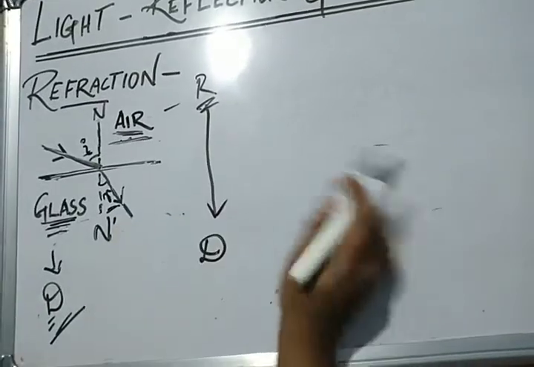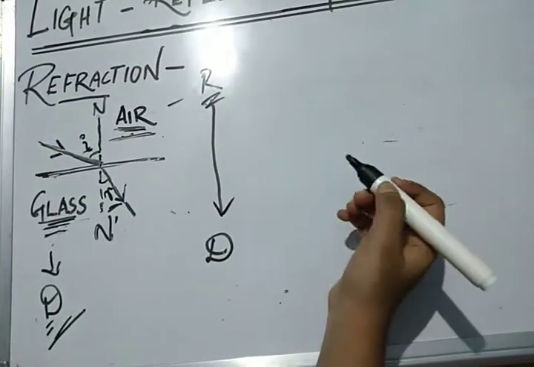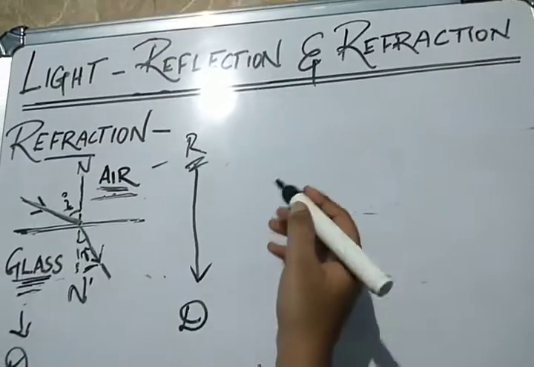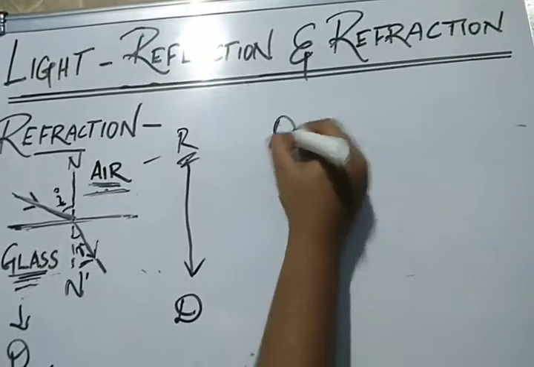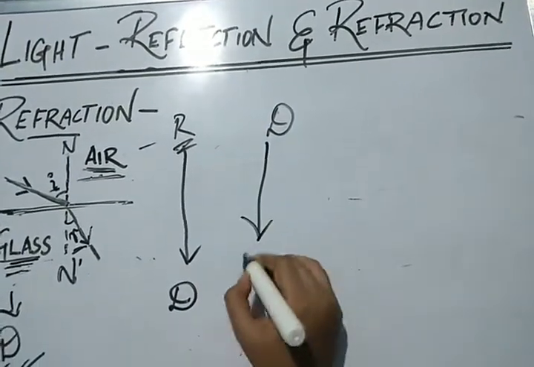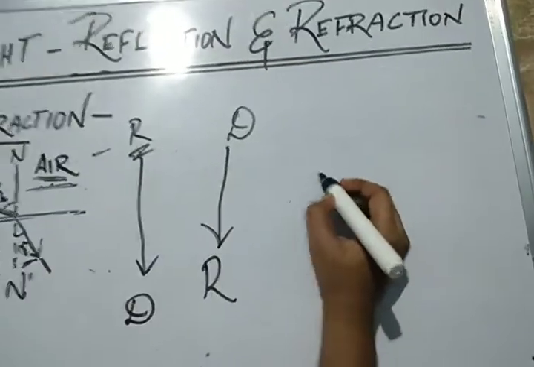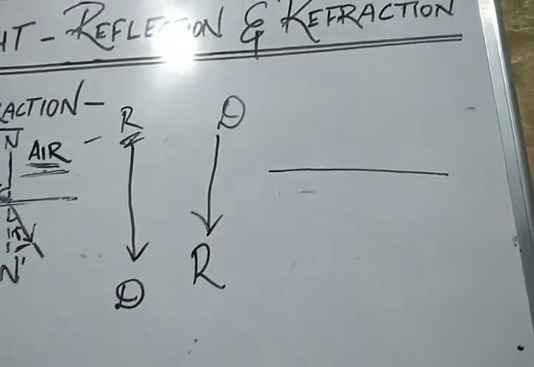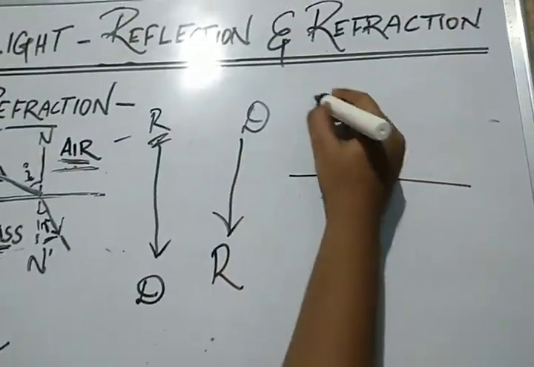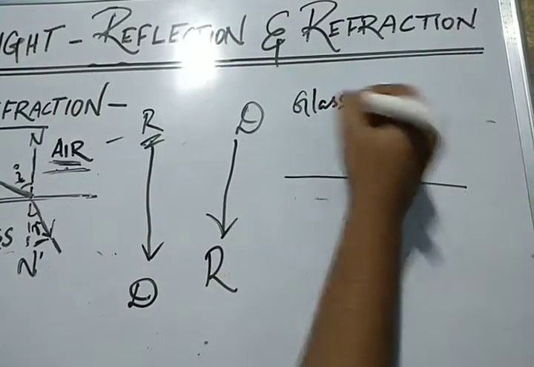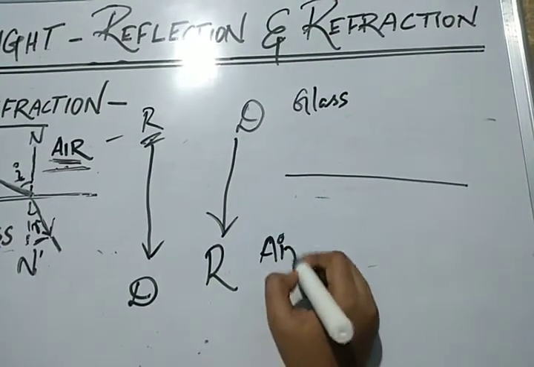Now same if you take it in the opposite manner, if light travels from a denser medium to a rarer medium, I'll draw it over here. Suppose now this is glass and this is air.